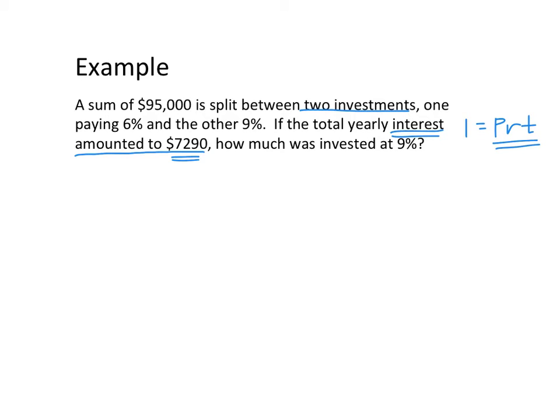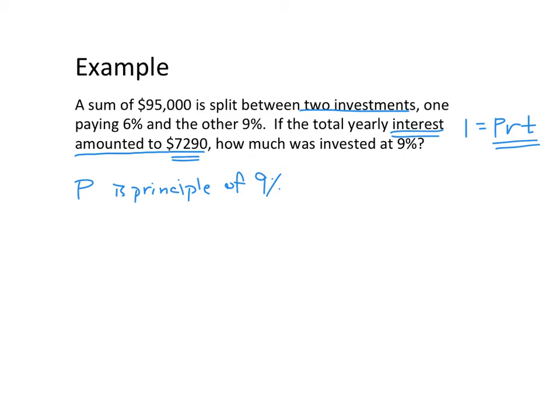So let's start by saying the principal, P, is the principal of the account that we want to solve for. So P is the principal, remember we always define our variables, of the 9% account. Okay.